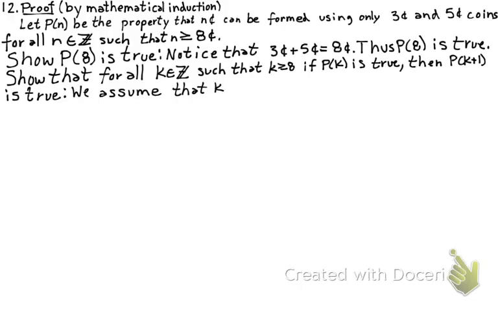that k can be made, or k cents can be formed using nothing but 3-cent and 5-cent coins, whatever k is.